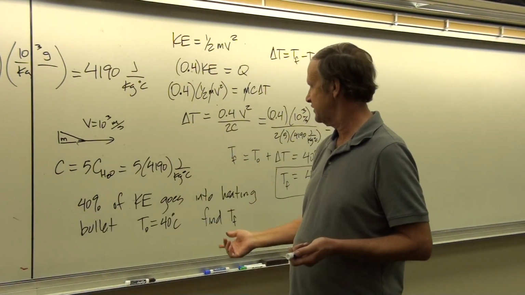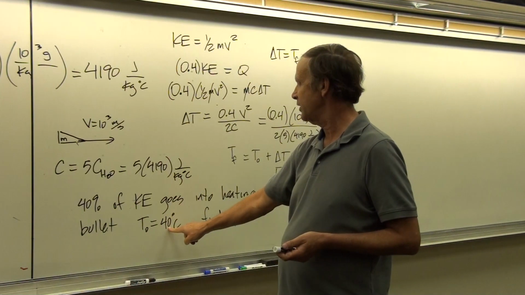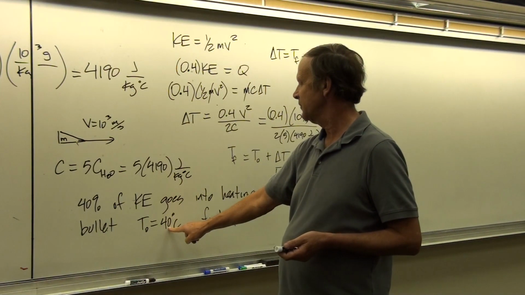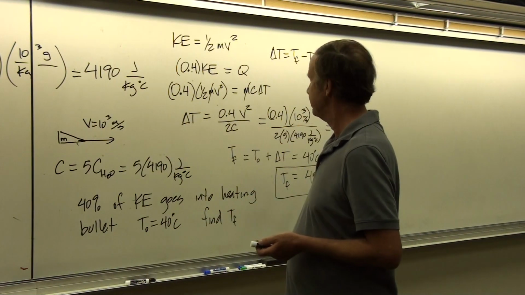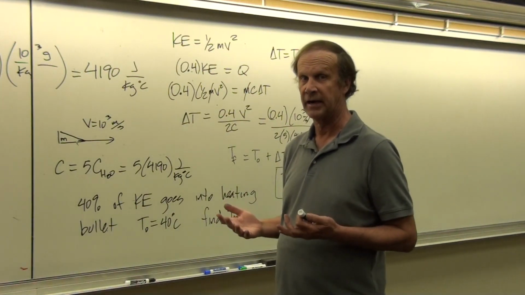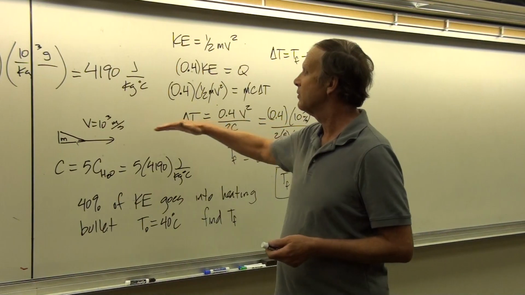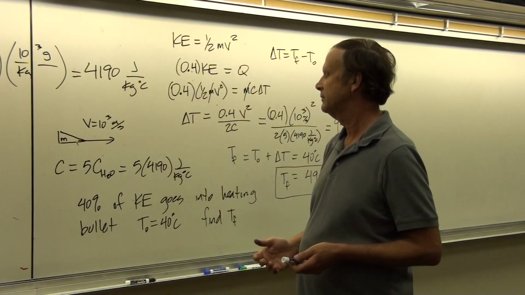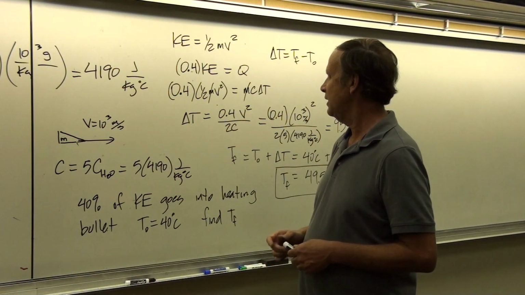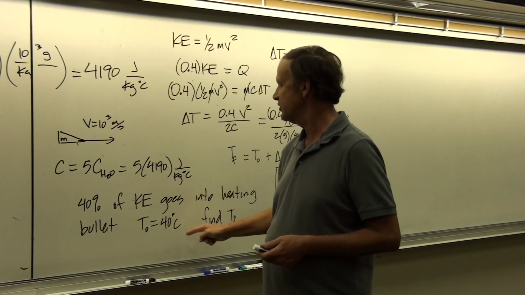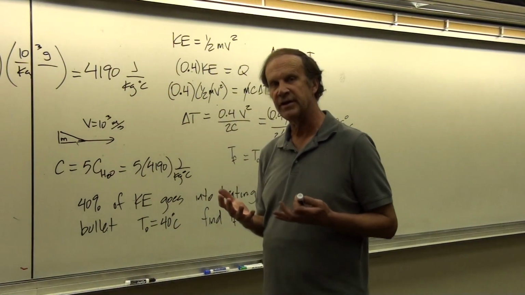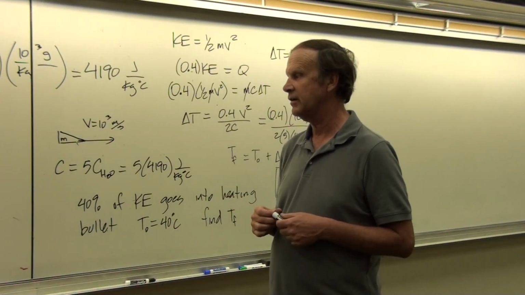I could have just as easily converted this to 40 plus 273 and then added 9.5 to that, and that would still be correct. But for temperatures around normal room temperatures, the numbers are a little more natural if we use degrees centigrade.